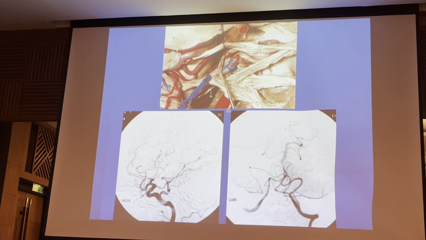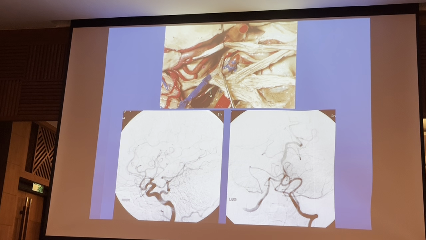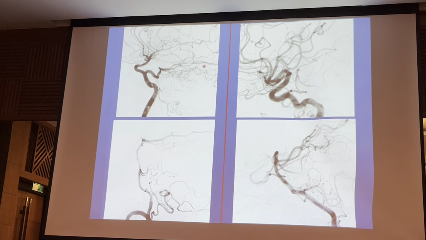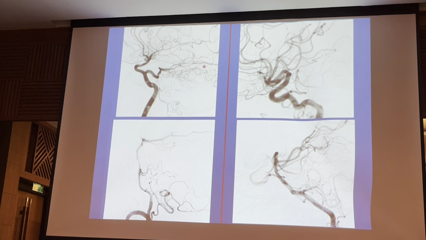This is a specimen Philippe gave to me. You can see the trigeminal artery, which runs along the trigeminal nerve. You can see the Gasserian ganglion, and the trigeminal artery runs in that direction. Depending upon the remaining size of the trigeminal artery, the proximal basilar artery caliber can change.